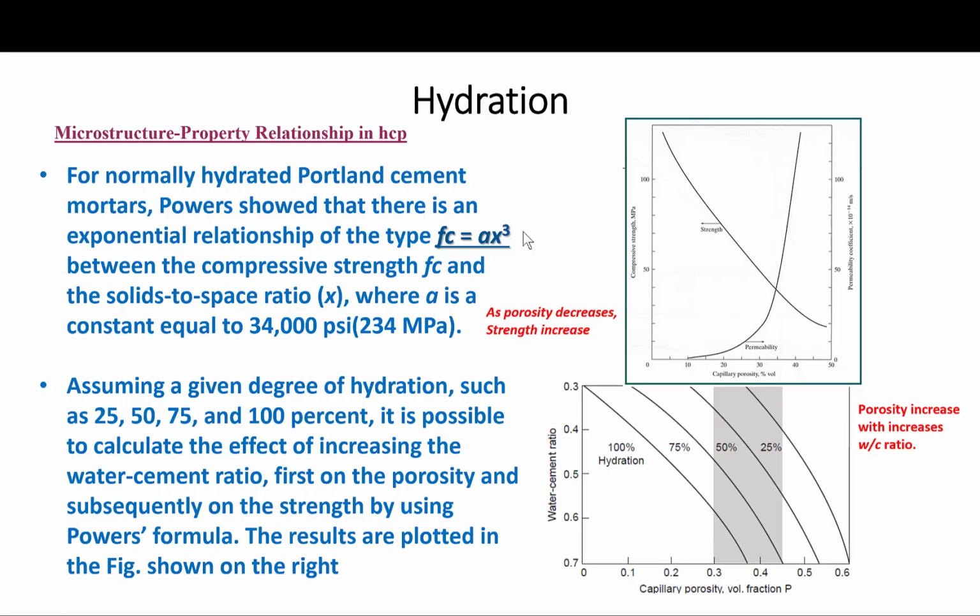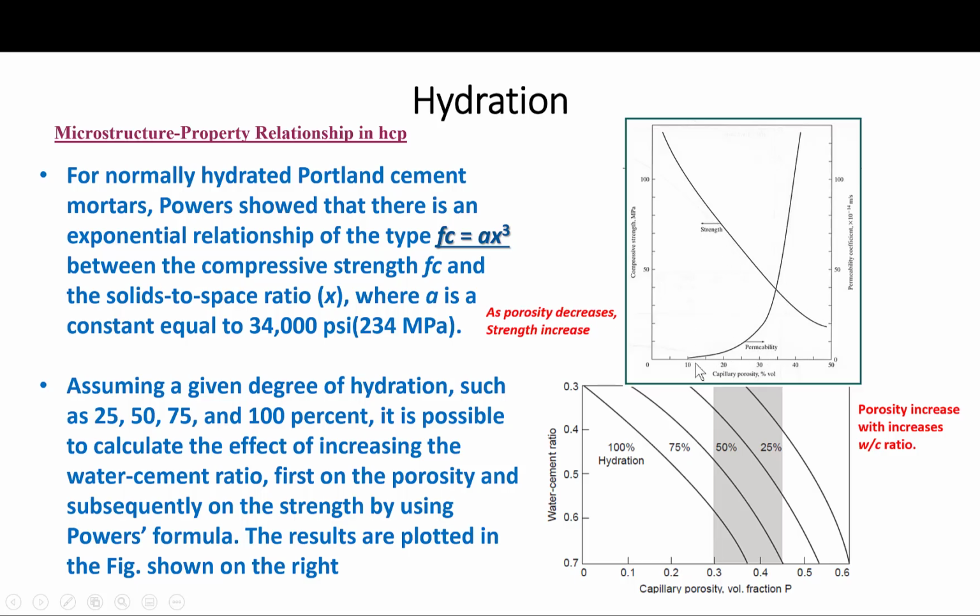So assuming a given degree of hydration, such as 25%, 50, 75, up to 100%, it is possible to calculate the effect of increasing the water-cement ratio first on the porosity, and subsequently on the strength by using Powers' formula. The results are plotted, as you can see here in this curve.